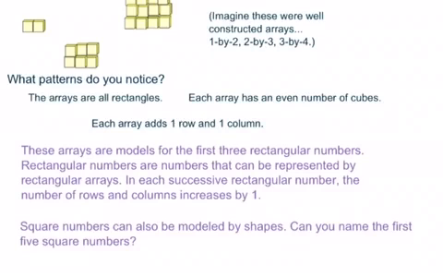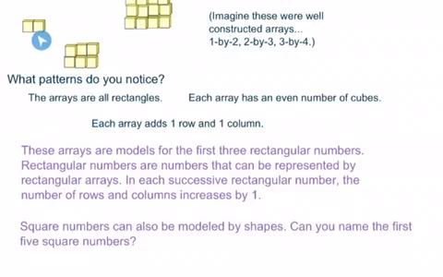Okay, so hopefully you would be able to say, well, those arrays are all rectangles. Maybe you would be able to say each array has an even number of cubes. Maybe you notice that as you go from this one to this one to this one, each array adds one row and one column.